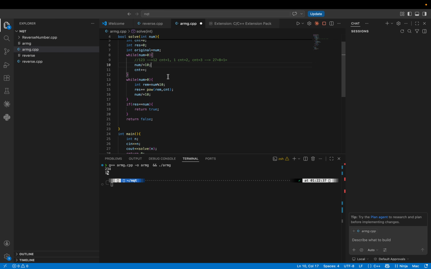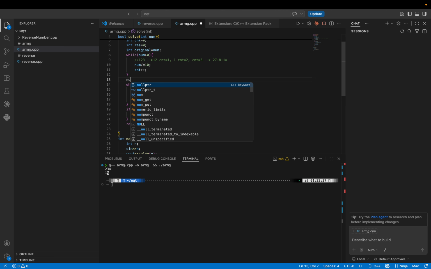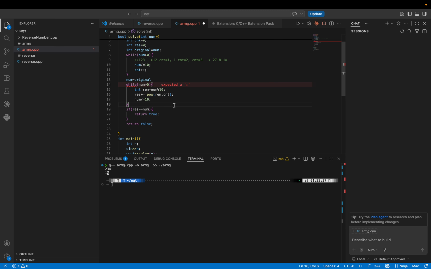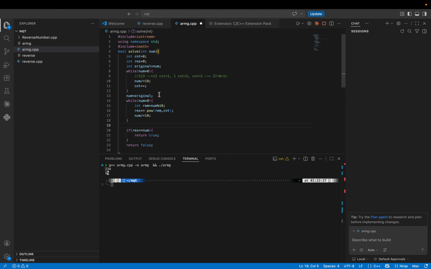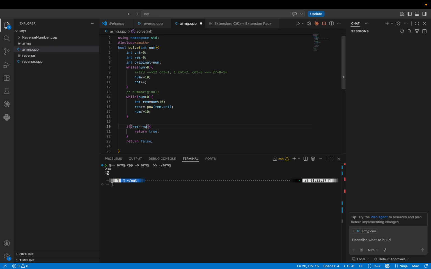Now after this loop my num becomes 0, right? Yep. So we will say that num is equal to original. Got it? Okay. Here also it is 0. So why do I even need to do this? If that is 0, original is still there.